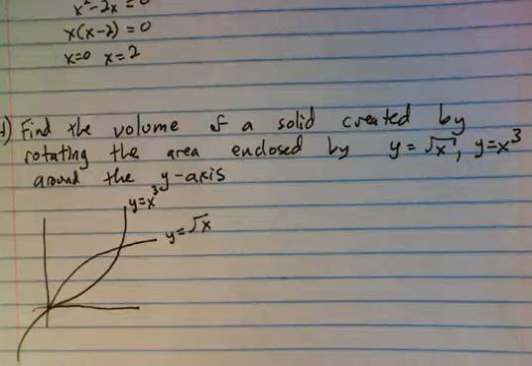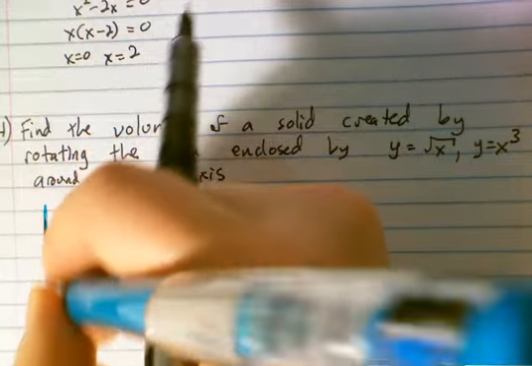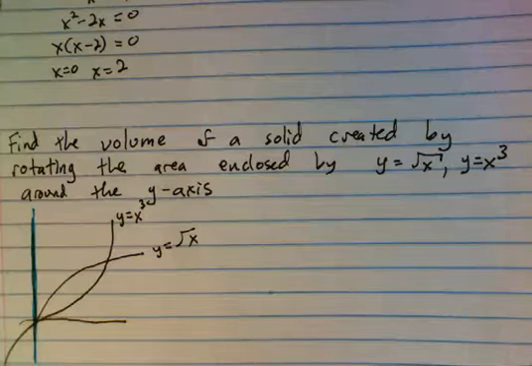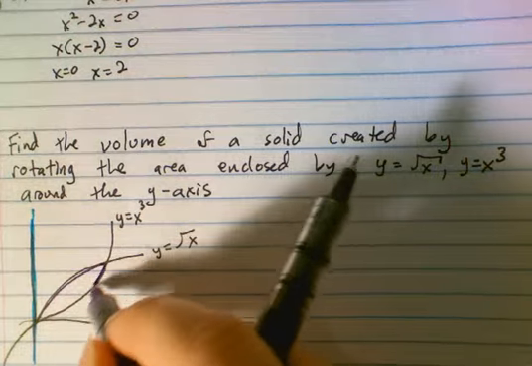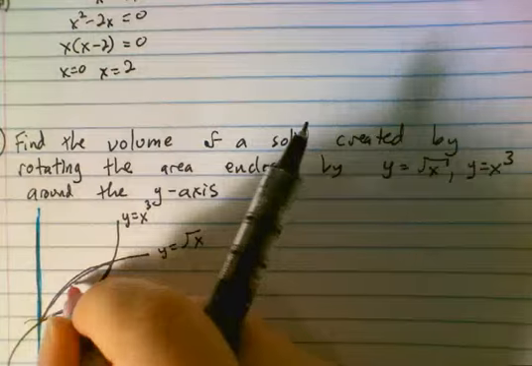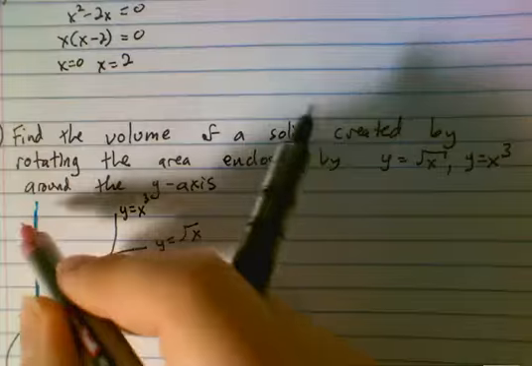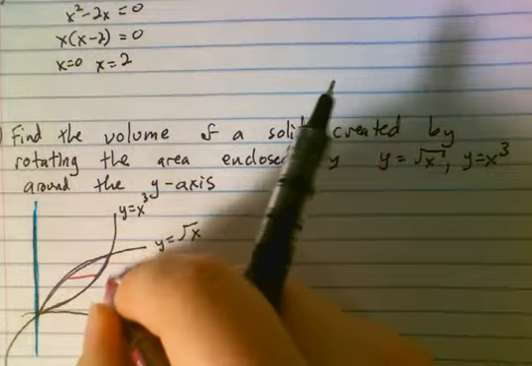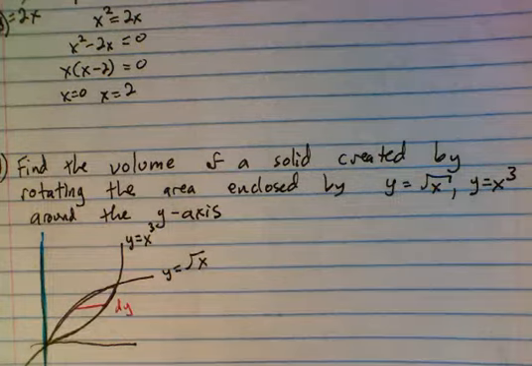We are rotating around the y-axis, so here we are, and our area is still enclosed right here. So that means we're going to draw our line perpendicular to this blue one, which is up and down. So that means this is going to be a dy, meaning everything here has to be in terms of y.